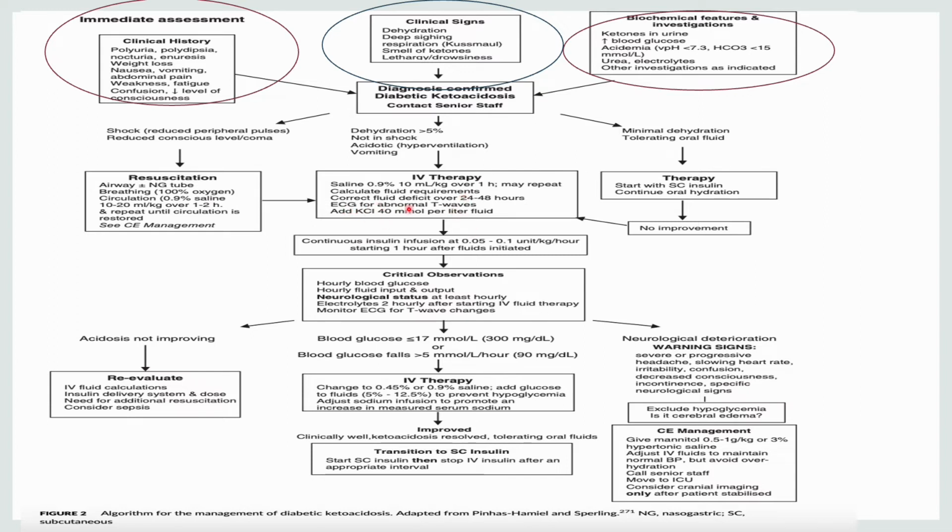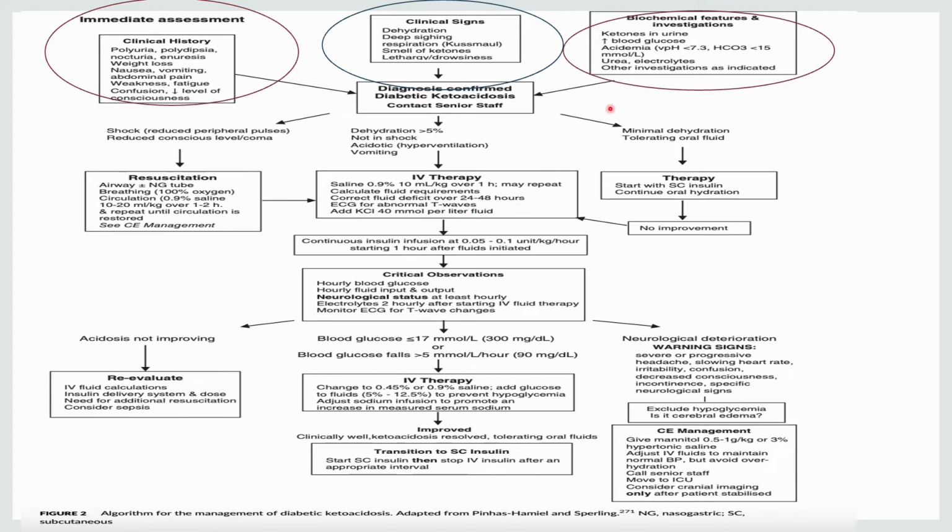Then calculate the fluid deficit for the next 24 to 48 hours. I'll tell you in the next slide how to calculate, and check ECG if available for the potassium level, because we have to add potassium only after we are sure that the child does not have hyperkalemia or hypokalemia.